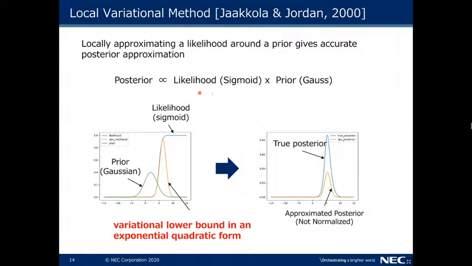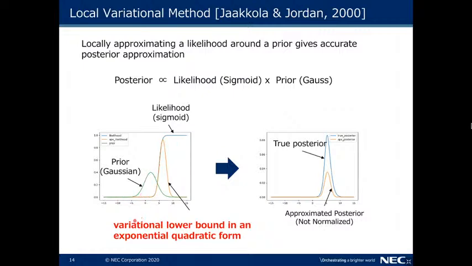Roughly speaking, their method approximates a likelihood around the prior, and it gives an accurate posterior approximation. I'll give you intuition using these figures. The prior is the green Gaussian, and the likelihood is blue.